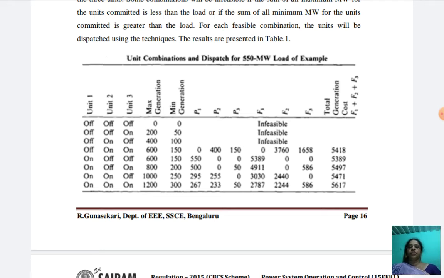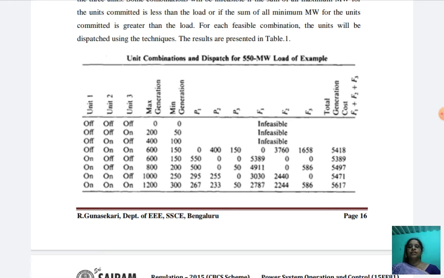So we have to calculate maximum generation, minimum generation, and then the production P1, P2, P3 for the respective 3 units, and then the fuel cost, that means F1, F2, F3. In the tabular column there are 8 solutions. 5 solutions are feasible, 3 solutions are infeasible.